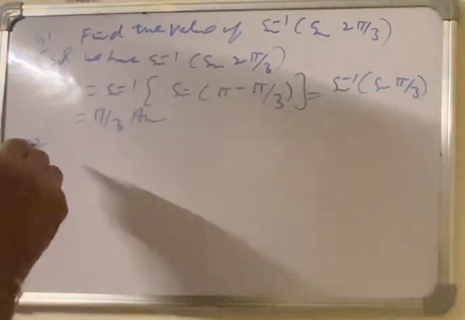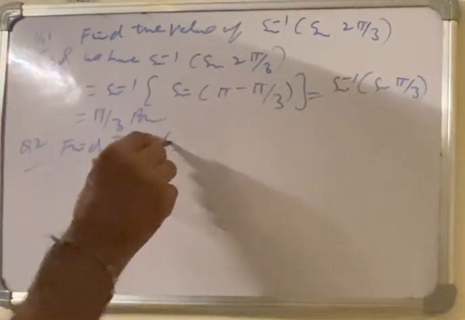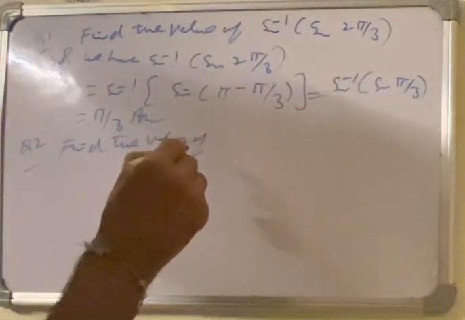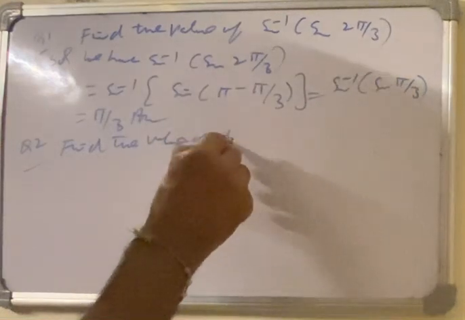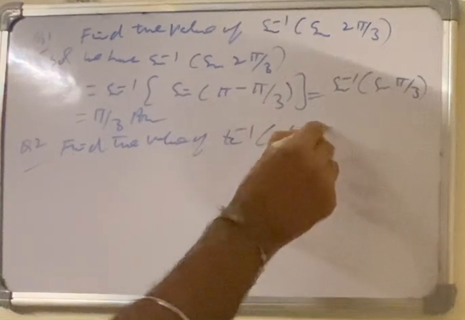Second question, find the value of tan inverse tan 3 pi by 4.